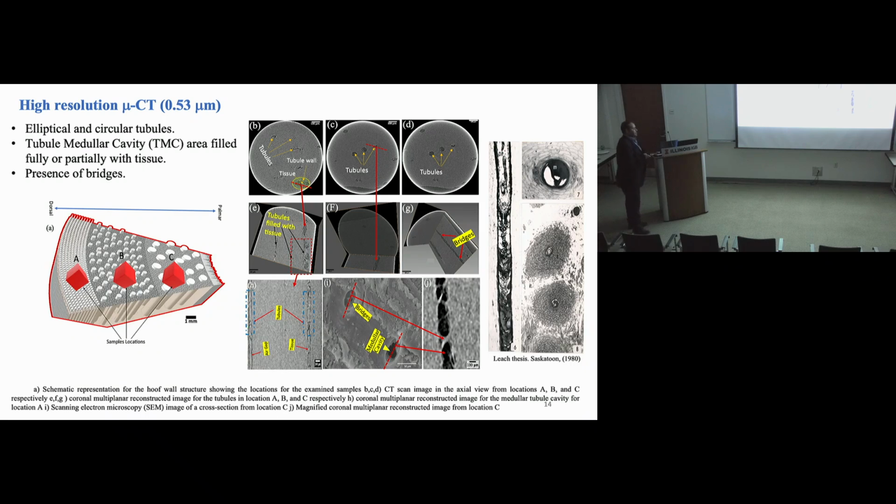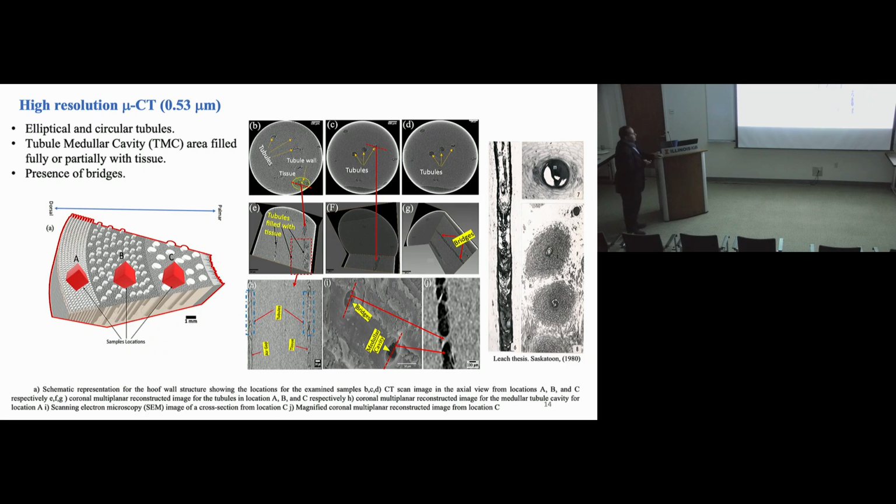What fascinated me is that Leach, the guy with the thesis from Canada, almost constructed the same thing but using histology. He cut a section from the hoof and looked under the microscope, and you can see that there is a lot of tissue inside here, which maybe is what is represented here, but he did not mention anything about the bridges.